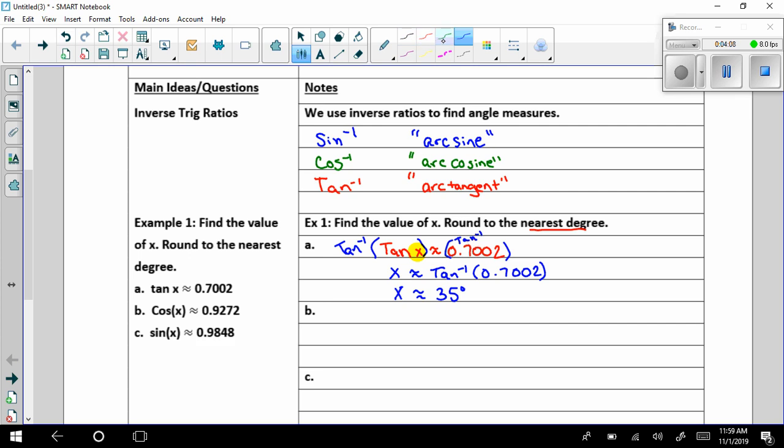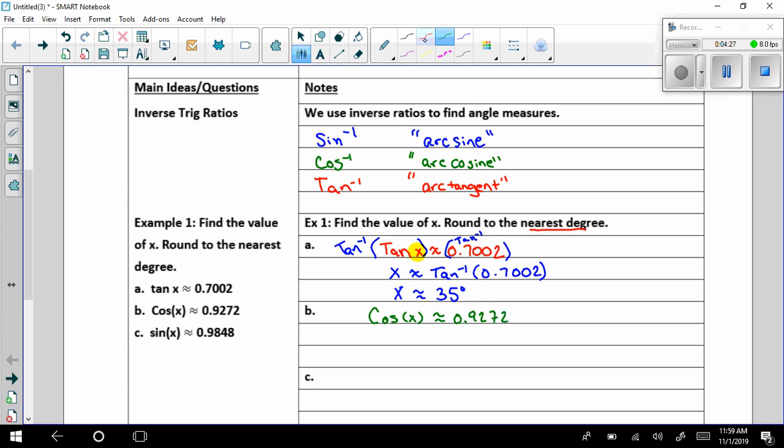So that pattern continues. Anytime we want to get rid of a trig function, we use its inverse. So here we would do the same thing, the cosine of x, and we could put parentheses around this x as well. It means the same thing. We're not going to do anything different. Cosine of x is approximately 0.9272.